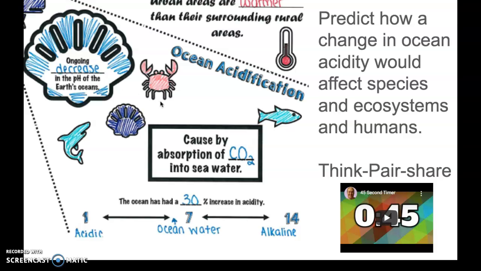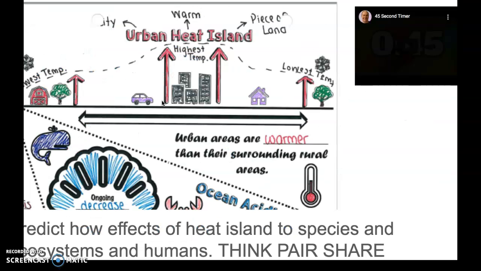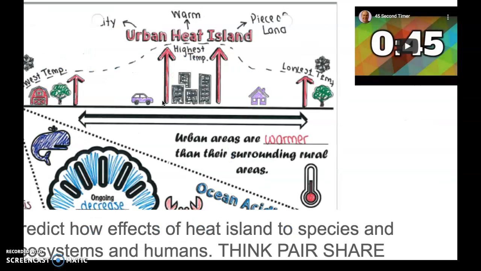And the very last effect of climate change is something we call an urban heat island. This is a phenomenon that we have defined as basically our urban or city lands are generally warmer than our rural areas.